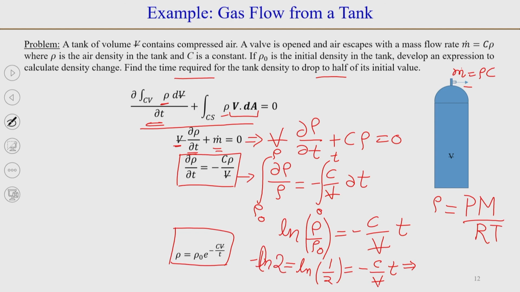So, we can write t is equal to V ln 2 over C. That will be the time required for the tank density to drop to half of its initial value. Okay.